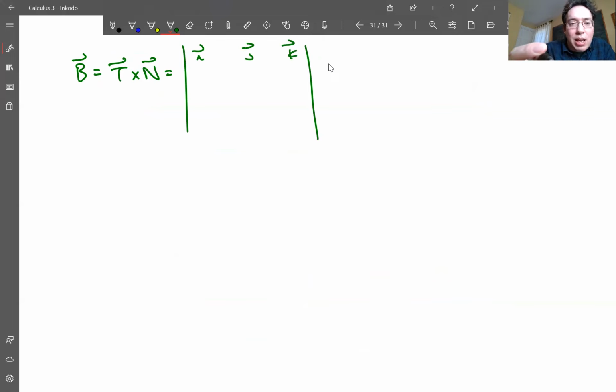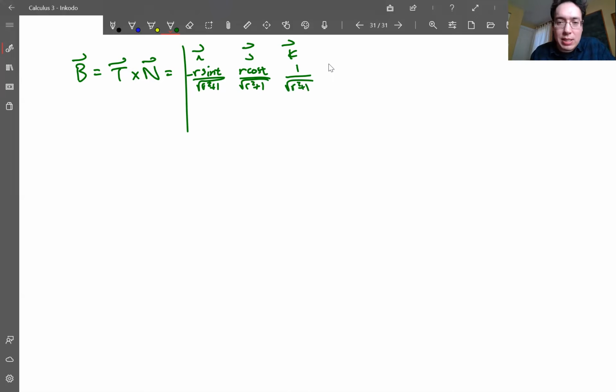So the unit tangent, I think it was negative r sine t over square root of r squared plus 1, r cosine t over square root of r squared plus 1, and then 1 over square root of r squared plus 1. That was our unit tangent. And the unit normal was negative cosine t, negative sine t, and then 0.